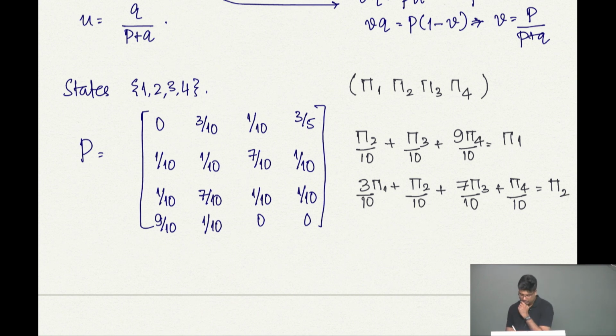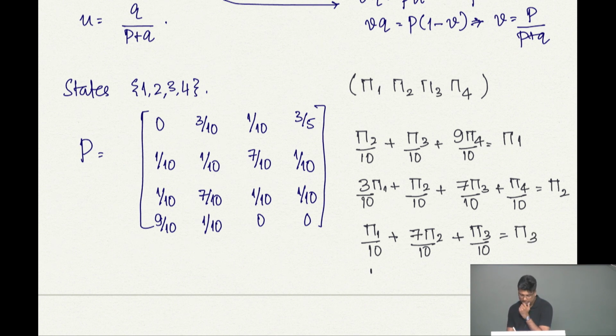The third equation is pi 1 over 10 plus 7 by 10 times pi 2 plus pi 3 over 10 is equal to pi 3.